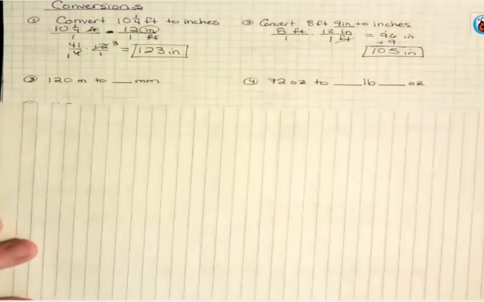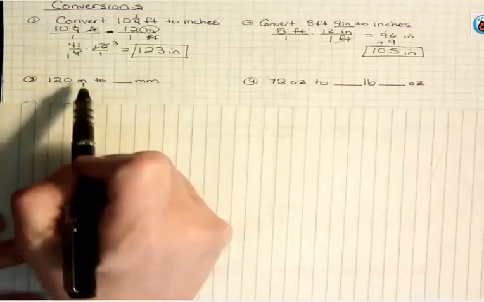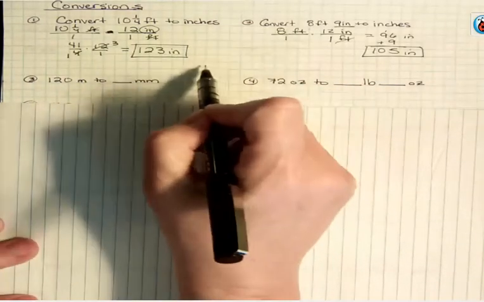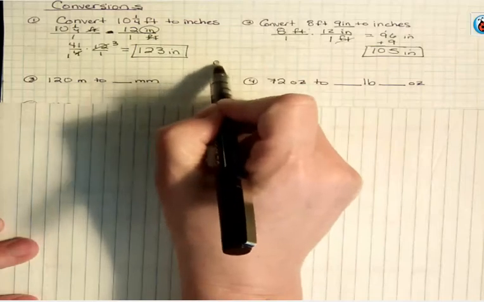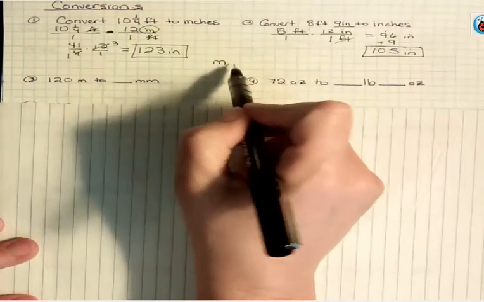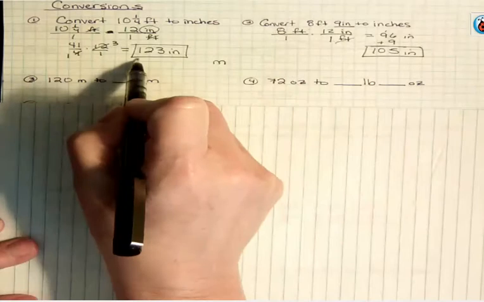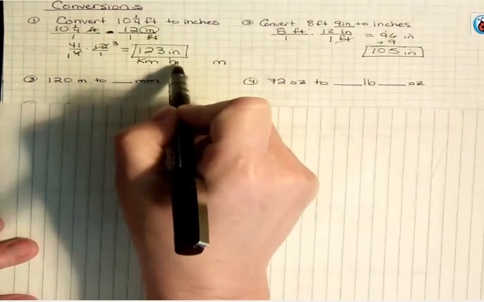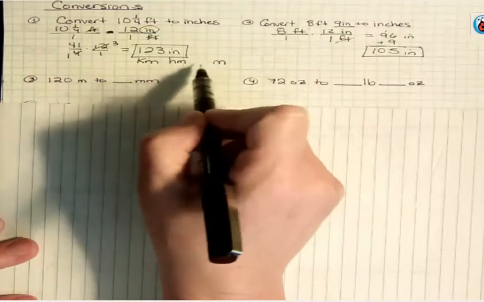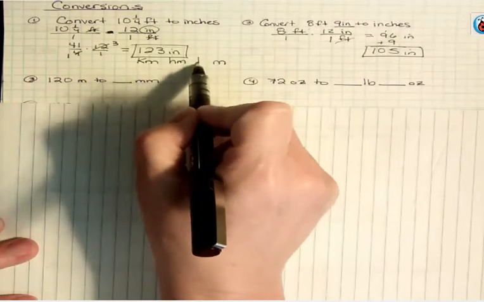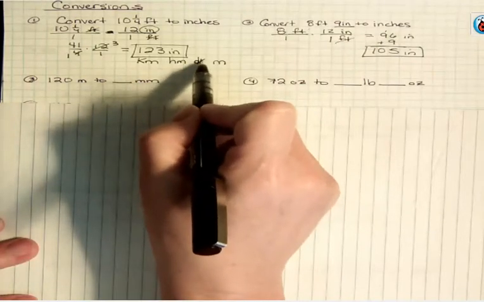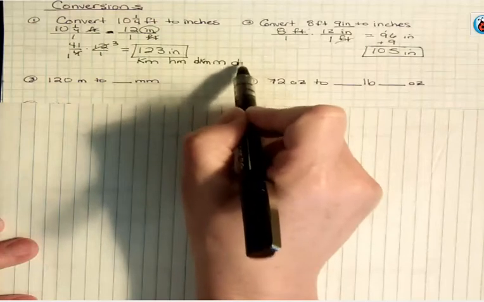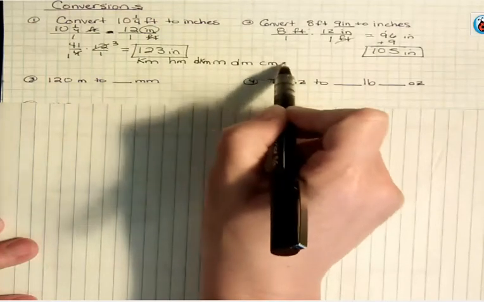What if I want to change from millimeters into meters? Remember this. You have your basic unit like meters, and then you have km, which is kilometers, hm, which is hectometers. Then you have the decameters, and then decimeters, and then centimeters and millimeters.